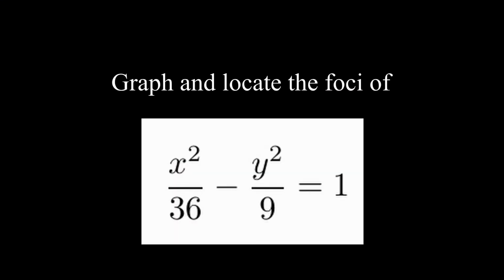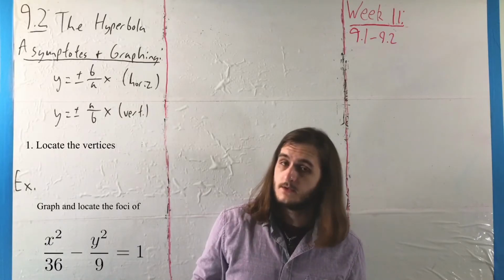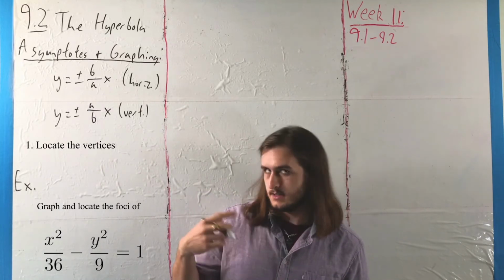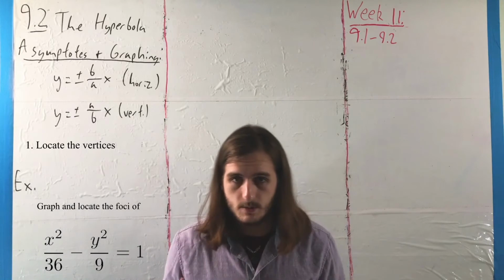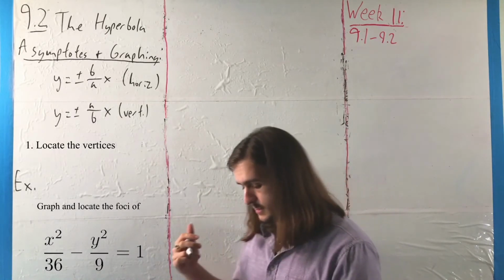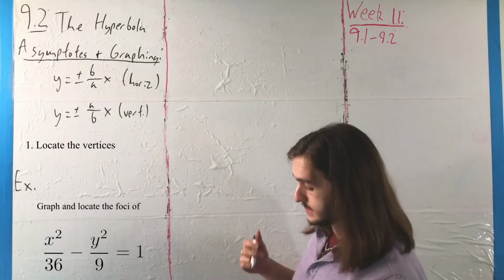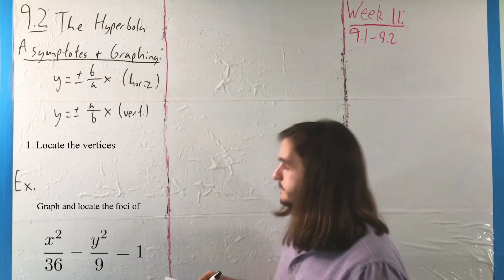So for this example, we want to graph and find the foci of x squared over 36 minus y squared over 9 equals 1. Well, for this, the first thing we should note is that because we have the positive coefficient with x, that is x is first in the standard arrangement, we are going to be looking at things in terms of the horizontal arrangement.